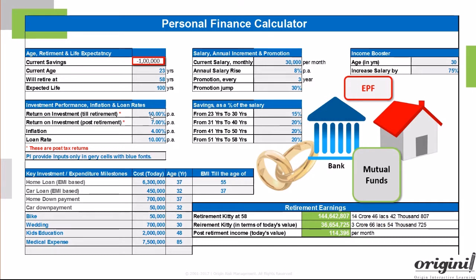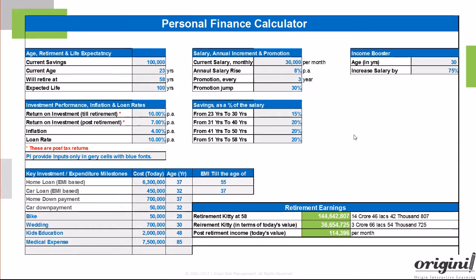After retirement, you may tone down your risk-taking and may settle for lower but safer returns. Let's say that it is 7% per annum. These are post-tax returns. A 10% post-tax return means that if you have 1 lakh rupees and you have invested it in the market today and sold the investment at the end of 1 year, then after paying tax, you will be left with 1,10,000.